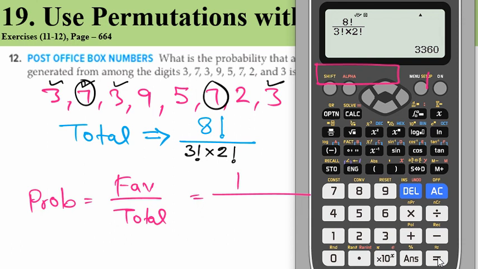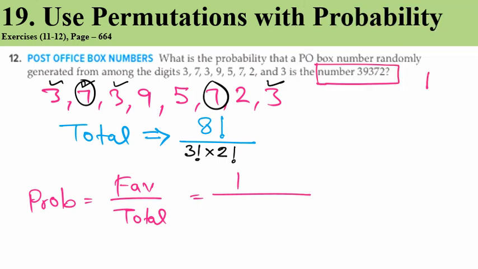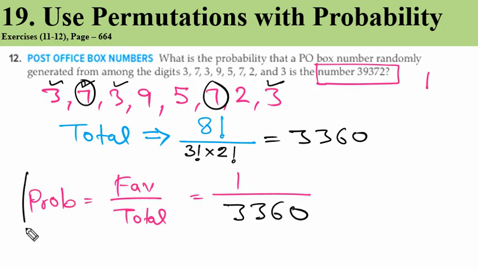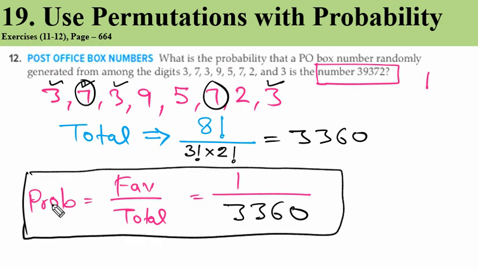We are getting 3360. So the total number of ways is 3360. Favorable was 1, total number of ways is 3360, so your probability is 1 over 3360. That's how you will solve these questions.